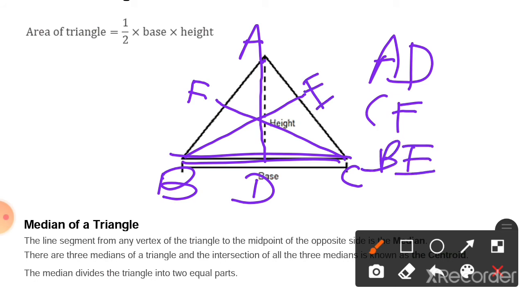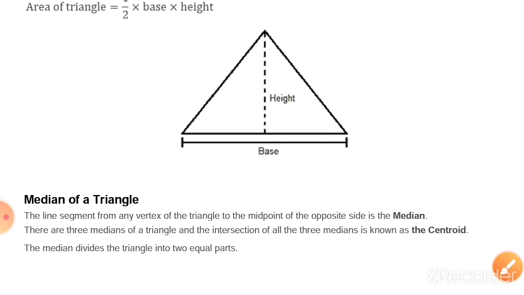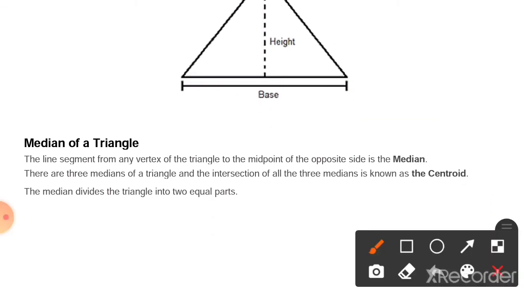So all medians AD, CF and BE intersect at one point, correct? It's called centroid, correct? There are three medians of a triangle and the point where all three medians intersect is known as the centroid.